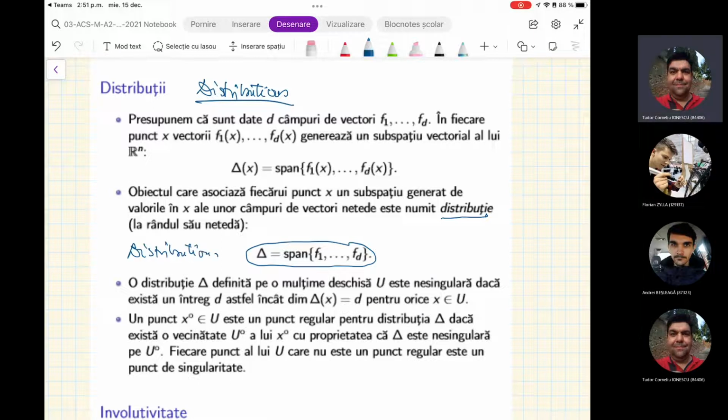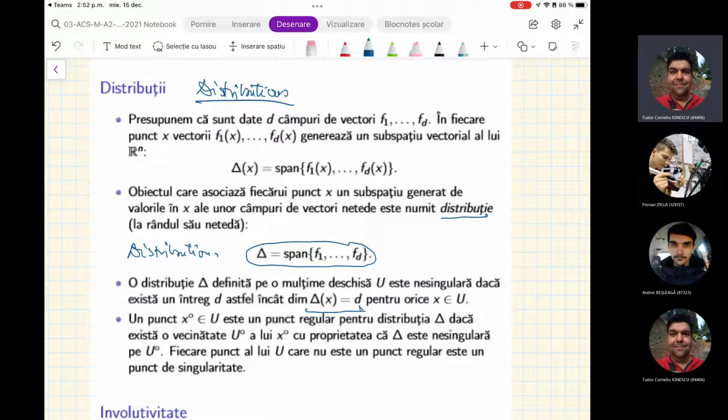A distribution is defined on an open set U, and it's called non-singular if there is an integer d such that the dimension of delta(x) is d for each x in U. A point x0 in U is a regular point for the distribution delta if there is a neighborhood U0 of x0 with the property that delta is non-singular on this set U0.